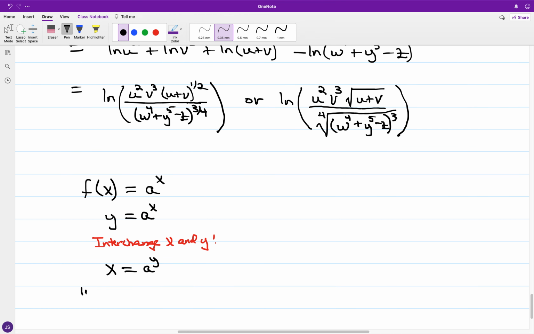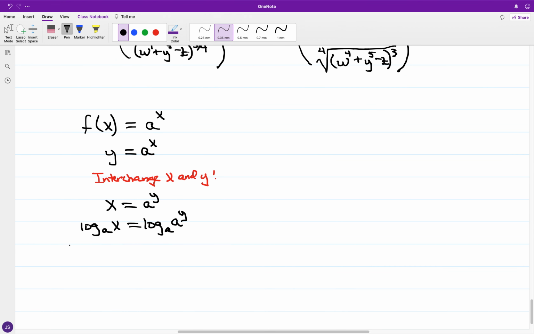And again, just taking the base a logarithm on both sides and shuffling once again, you have y is equal to the base a logarithm of x.